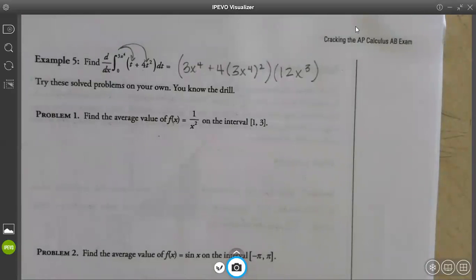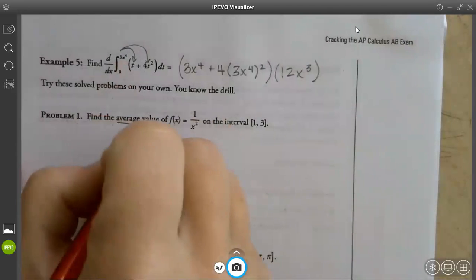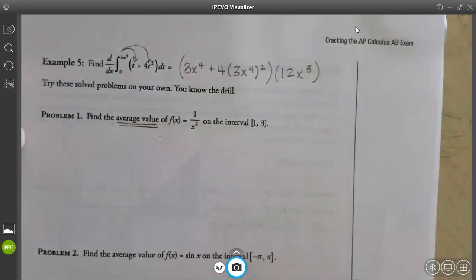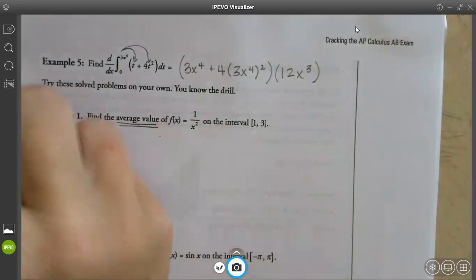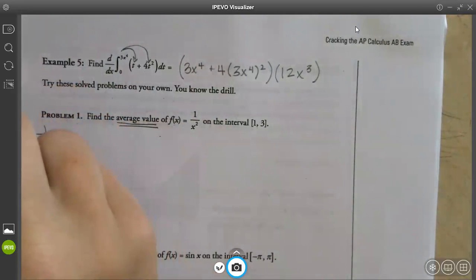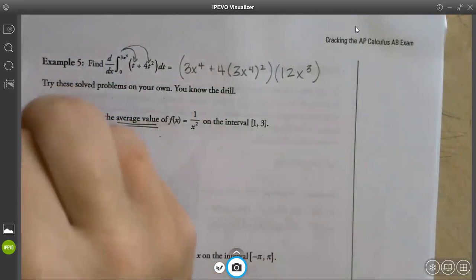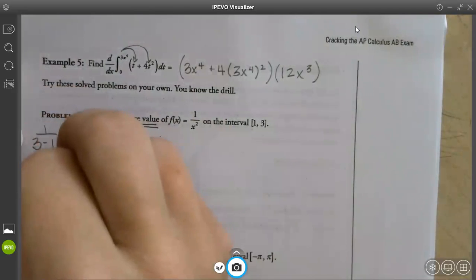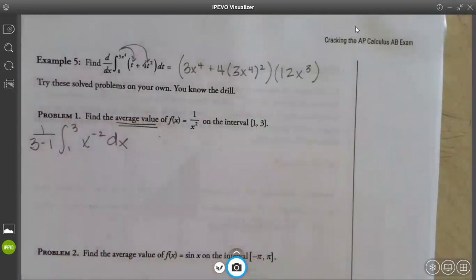All right. Find the average value of 1 over x squared on the interval from 1 to 3. So we went back to average value. That's the mean value theorem. How did we do that? 1 over b minus a. What's our b minus our a, from 1 to 3? And I'm going to change it while I'm writing to x to the -2, since it's on the bottom, I'll pull it to the top.